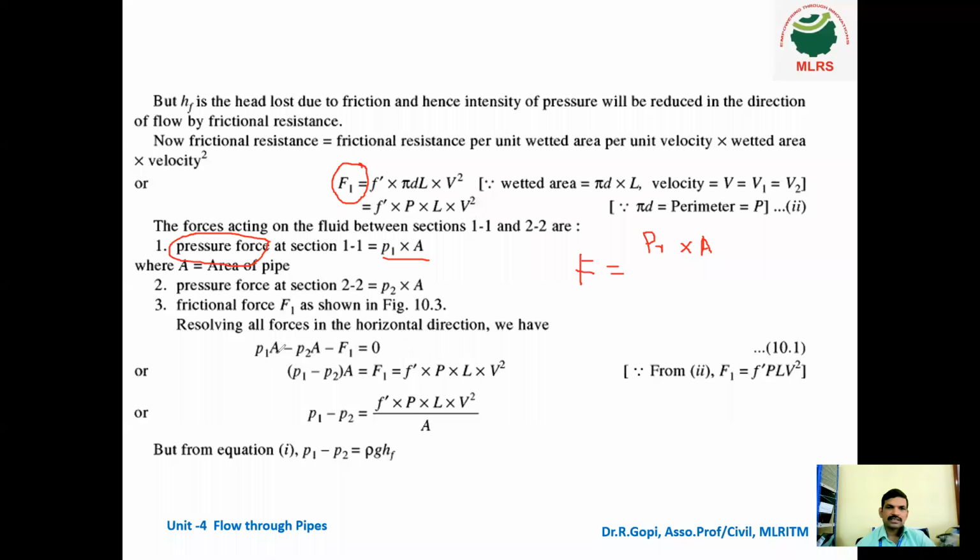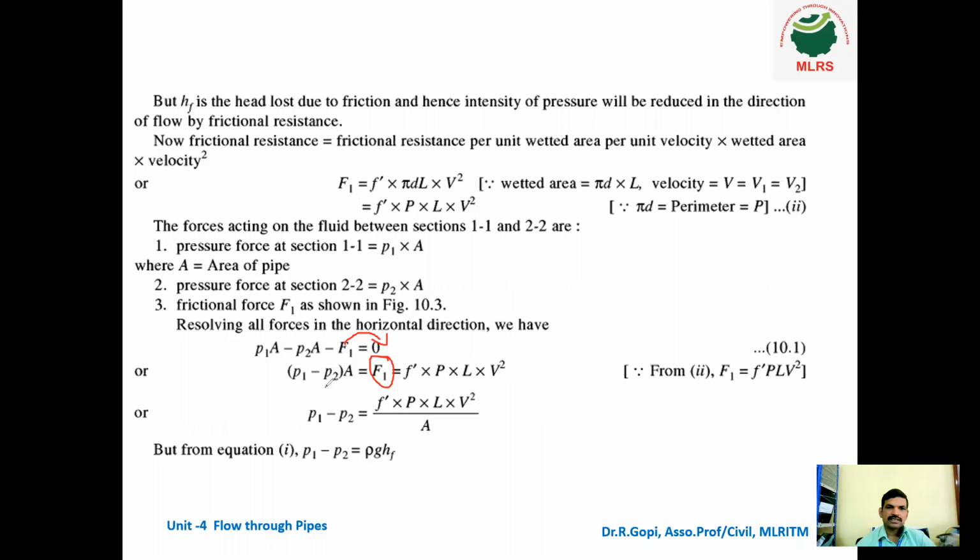From this, A is the common term. So (P1 minus P2) in brackets multiplied by A is equal to, this minus F1 goes to the other side, meaning plus F1. The F1 value we already calculated here, so substitute the same formula here.